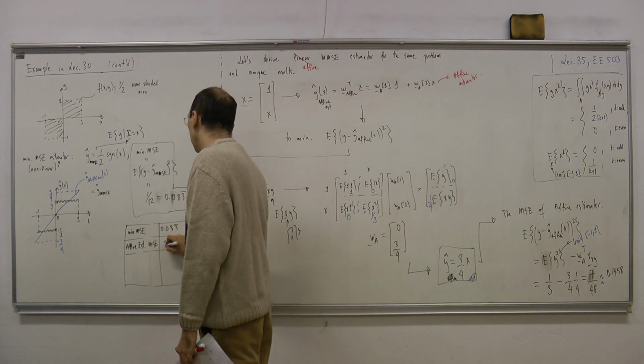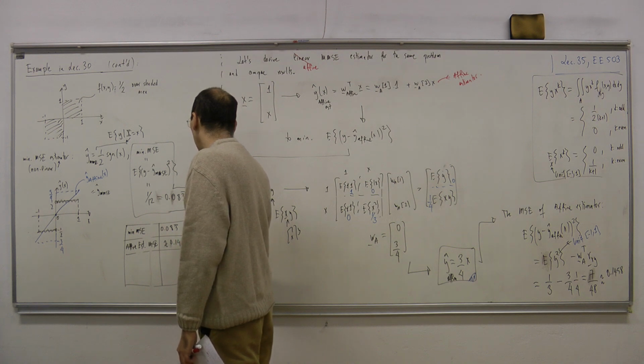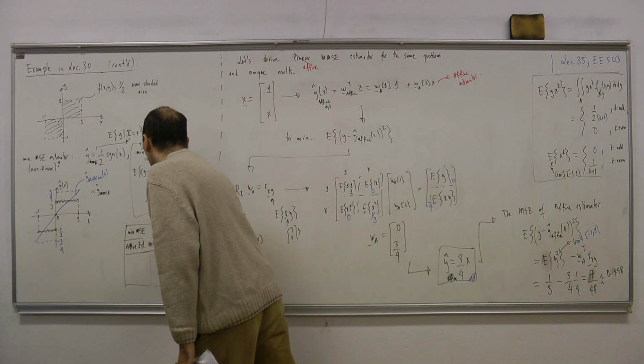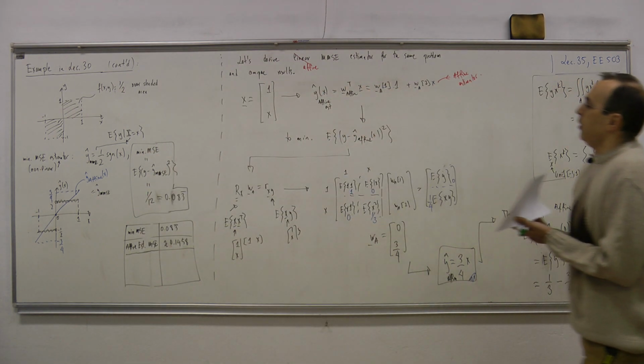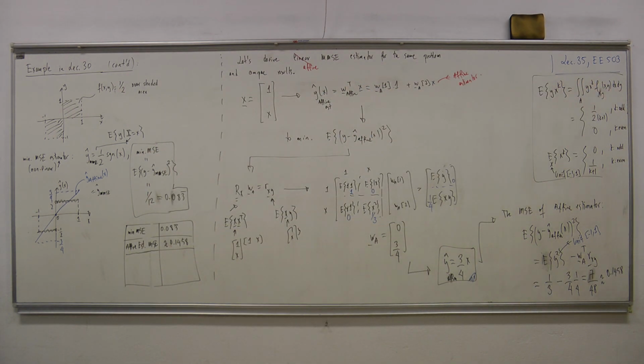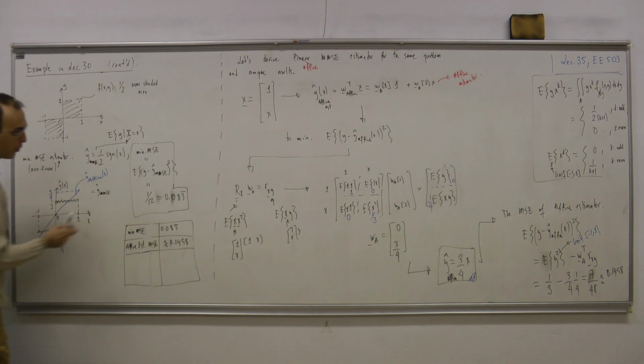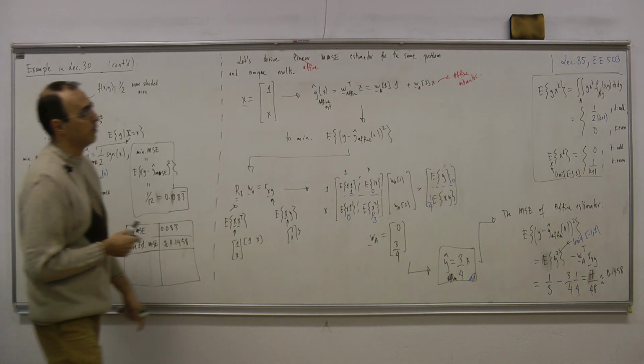It's approximately 0.1458. Okay, so I have something like that. Well, that is the performance of, you may say, the linear estimator or affine estimator.